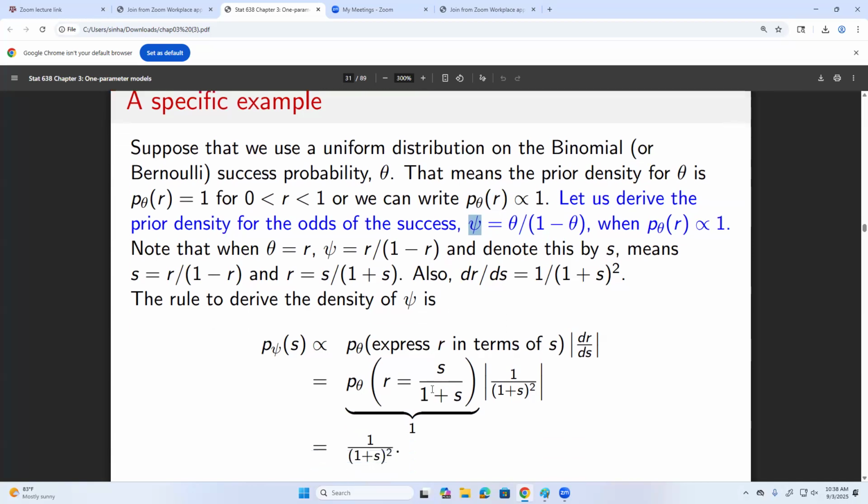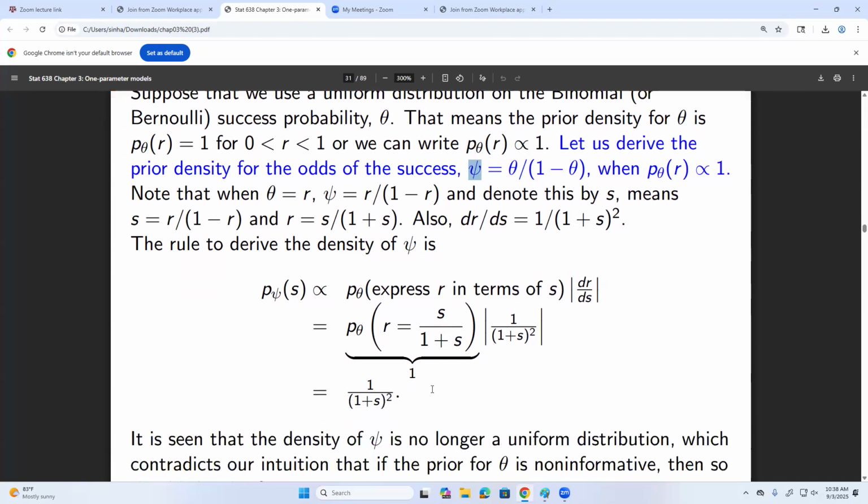So if I take the derivative and calculate the Jacobian, it turns out the prior distribution on the odds parameter is 1 over (1 plus s) squared.